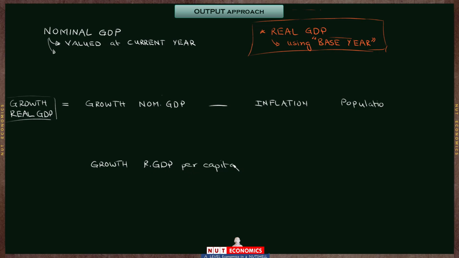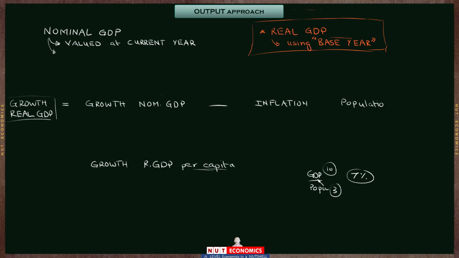Now, per capita simply means per person. So how do you calculate GDP per person? You divide the GDP by population. So if your GDP is growing by 10% and your population is growing by 3%, we say that GDP per person will be growing by 10 minus 3. That is, you are producing 10% more things, but you also have 3% more people. So net, the GDP per person is increasing by 7%.